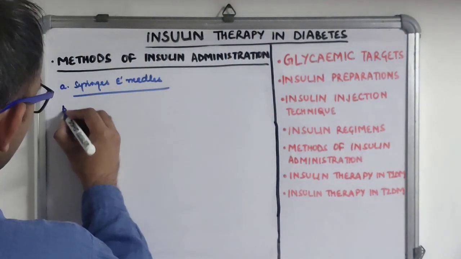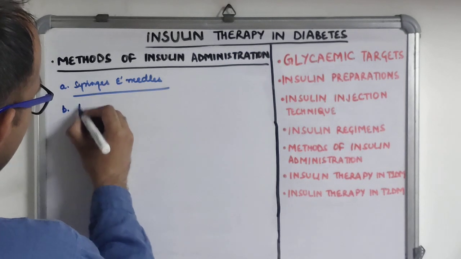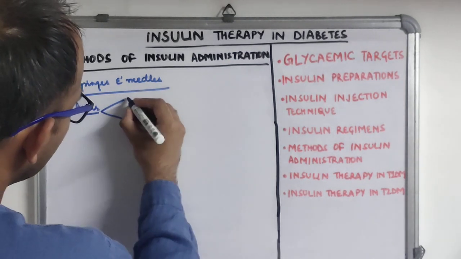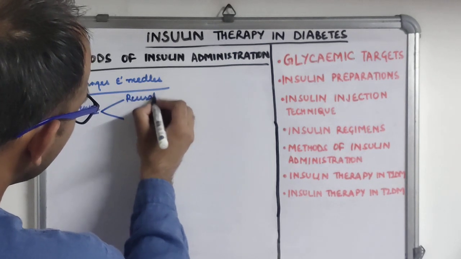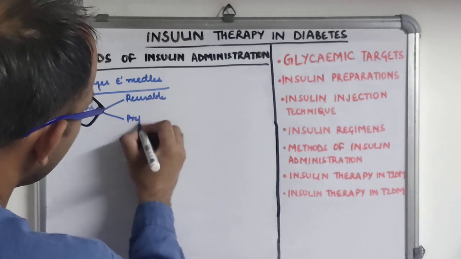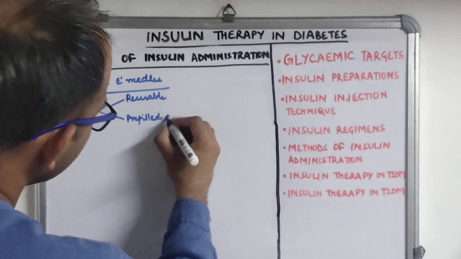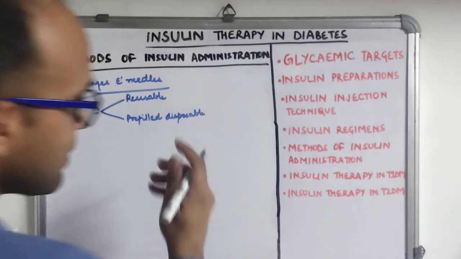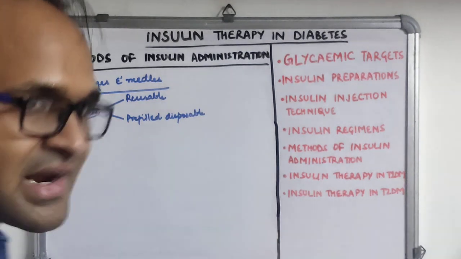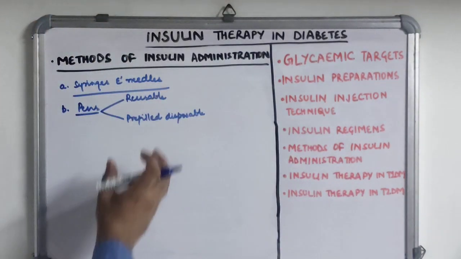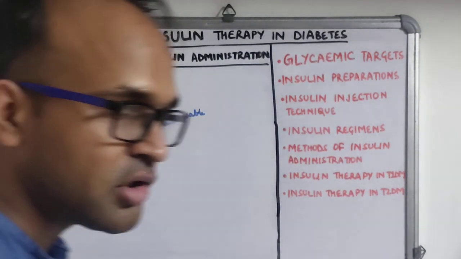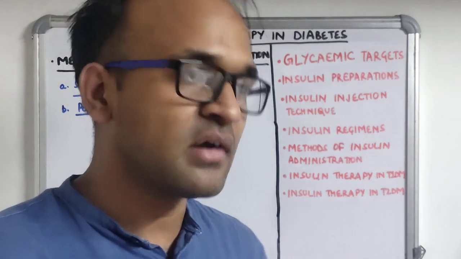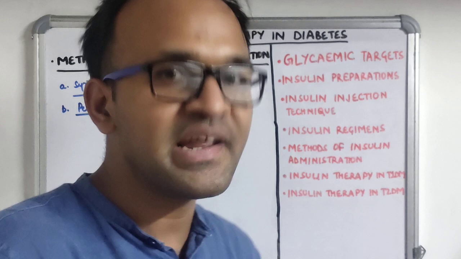The other method of injection is pens. Insulin pens are available, both reusable and pre-filled disposable pens. In reusable pens, you can put in the cartridges again and again, so you can reuse it. What about the syringes? Can you reuse them? Ideally, they should not be reused, but if you want to, then recap the needle immediately after use.